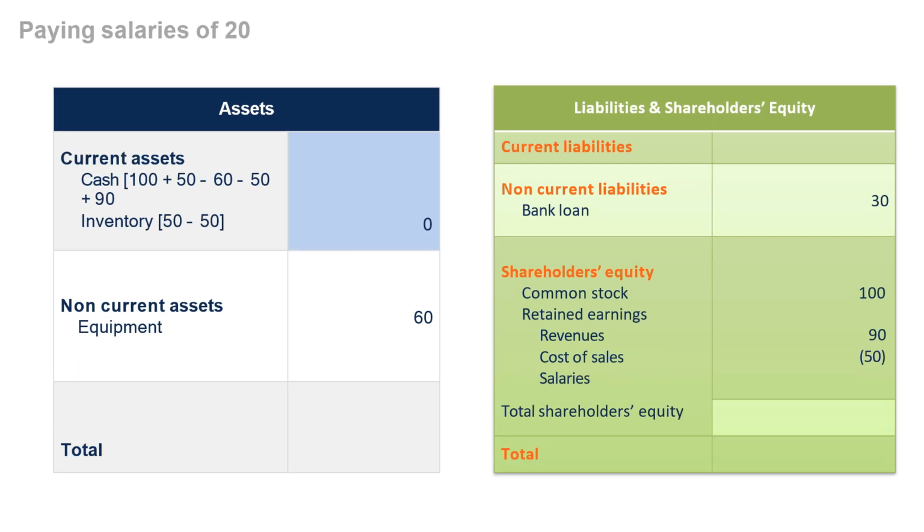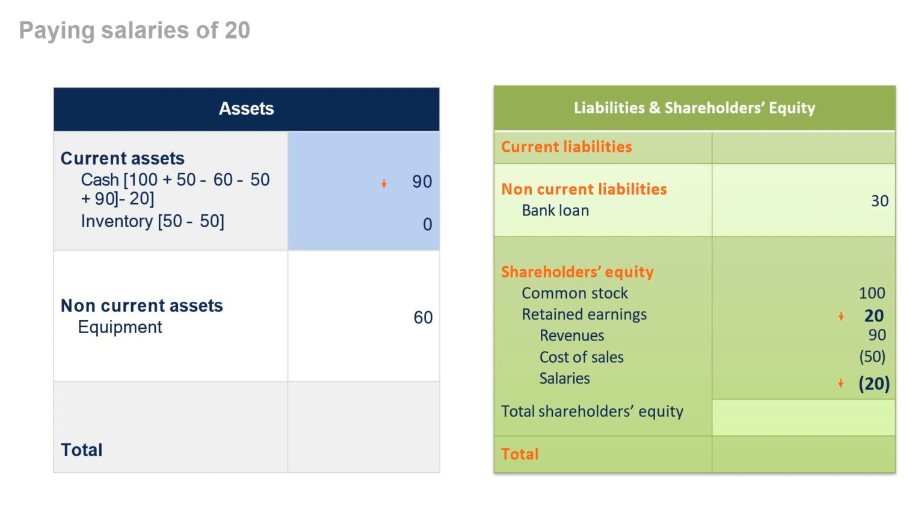Alright, so what happens when we pay salaries of 20? Of course, here paying salary using cash means our cash is going down by 20, reducing cash from 110 to 90. At the same time, profits are reducing because we are paying out an expense of 20 also.